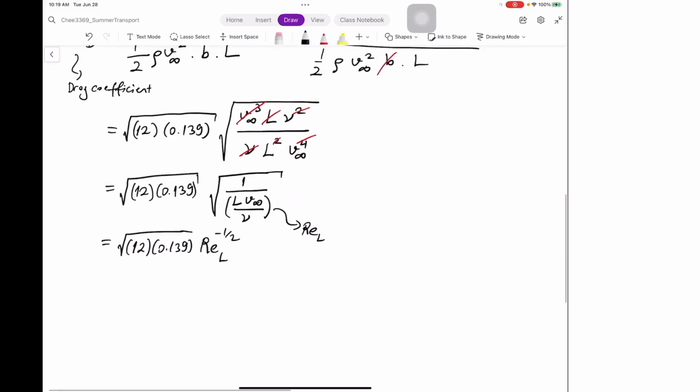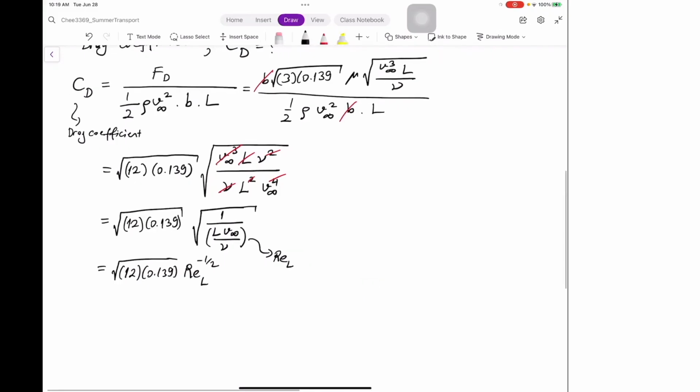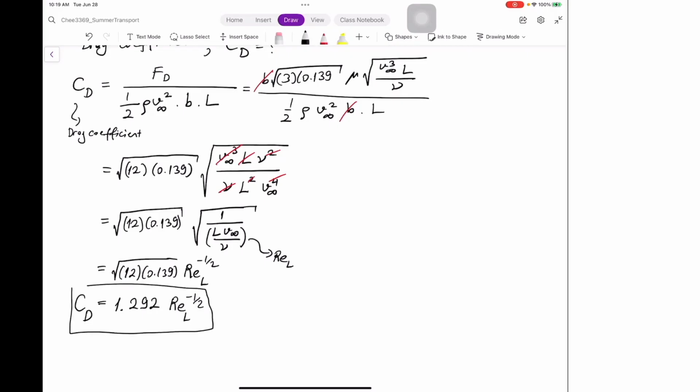And let's write down, probably you're saying, why are we not just estimating this? 1.292 Reynolds number L to the power -1/2. So we get the drag coefficient.